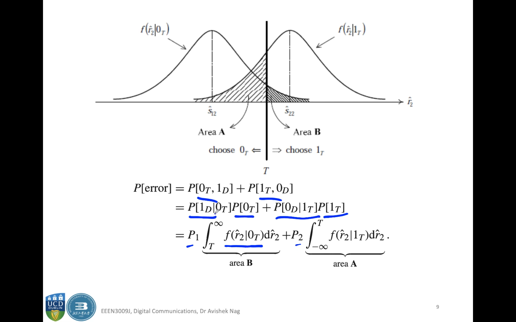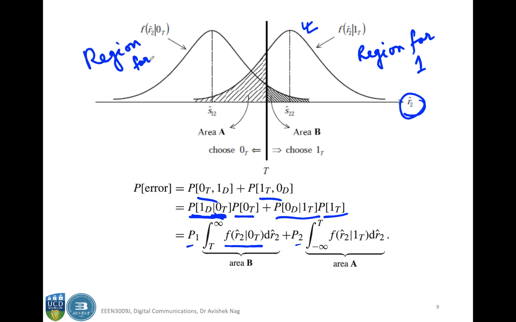the error occurs, like 1 is decided when 0 was transmitted, only when the received signal component R2 that we are observing falls in this region. If it falls in this region, this is the region for 1, and this is the region for 0.